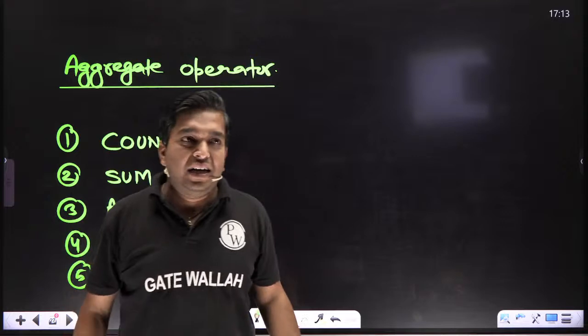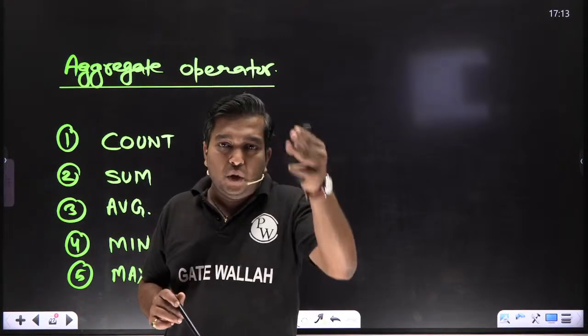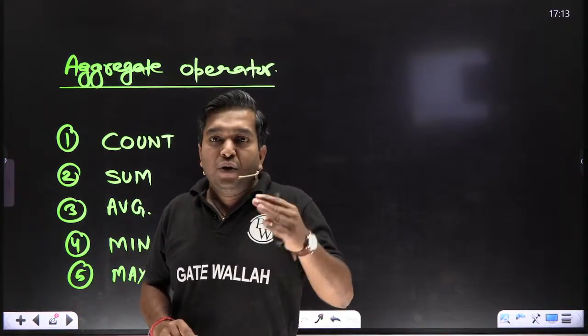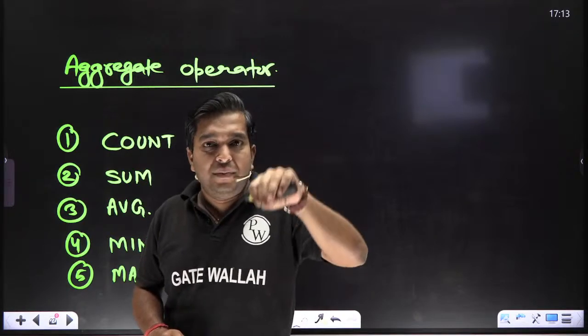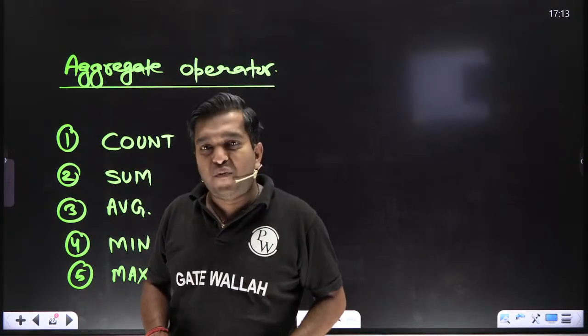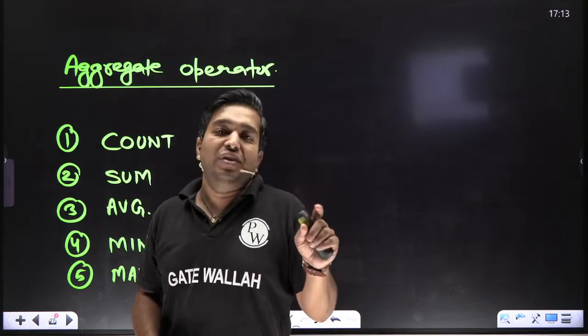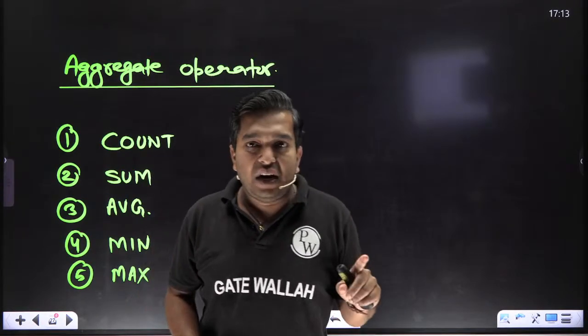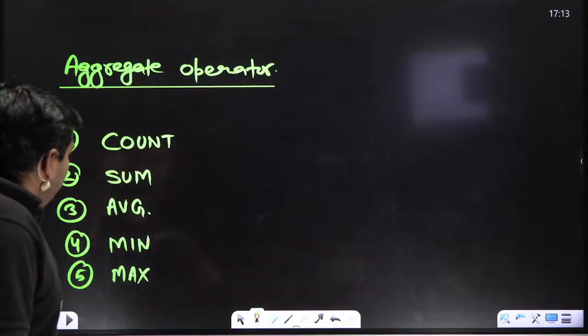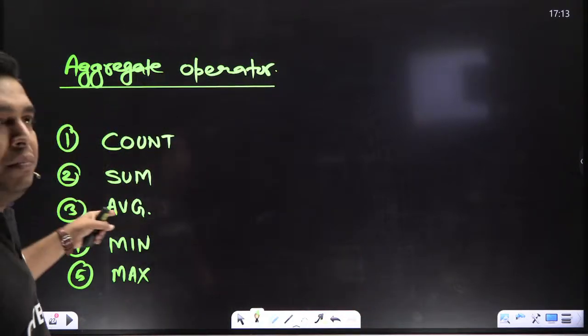You will get the aggregate values, right? Directly you can calculate the sum of all values, count how many values, and find the minimum. We don't have this type of facility in relational algebra, but in SQL we do. There are 5 aggregate operators: count, sum, average, min and max.